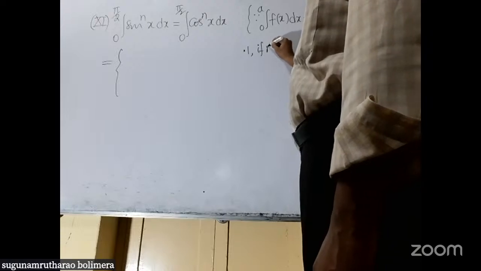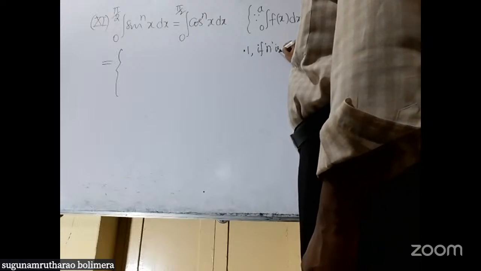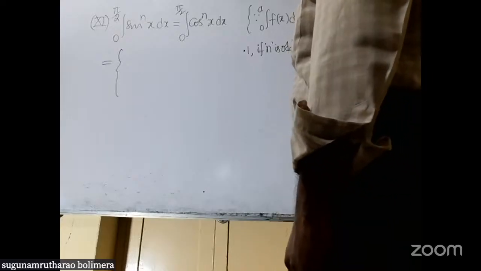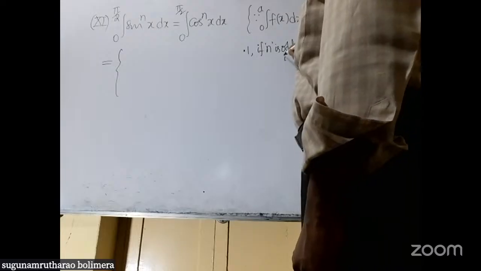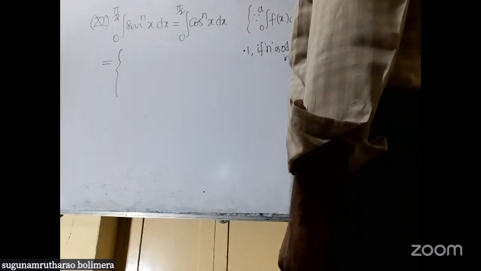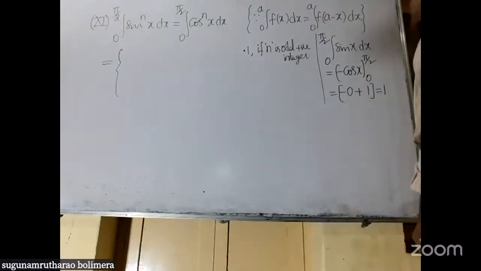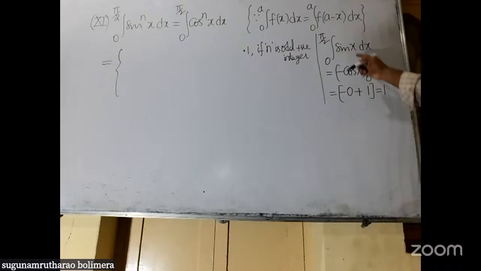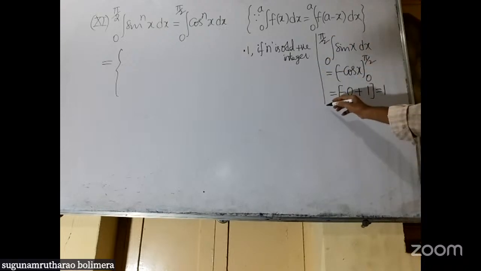If n is an odd positive integer, and n equals 1, the value is 1. Say, for example, n equals 3. What will it be?